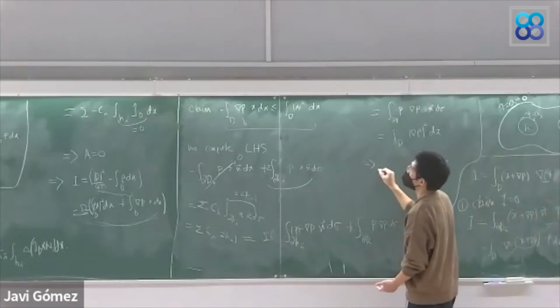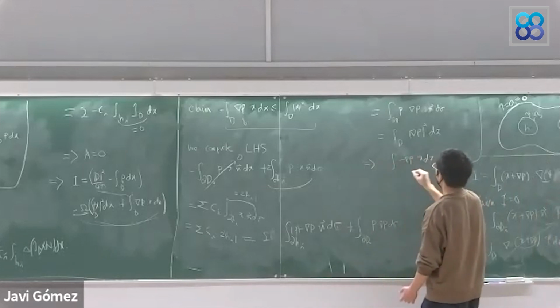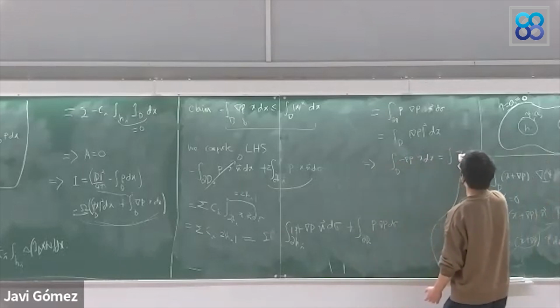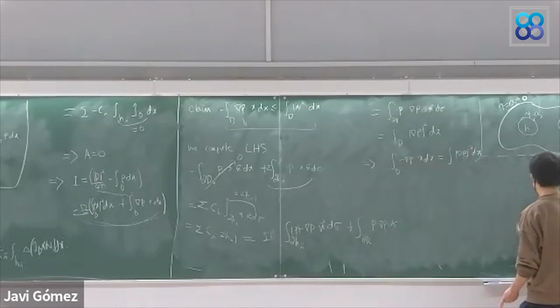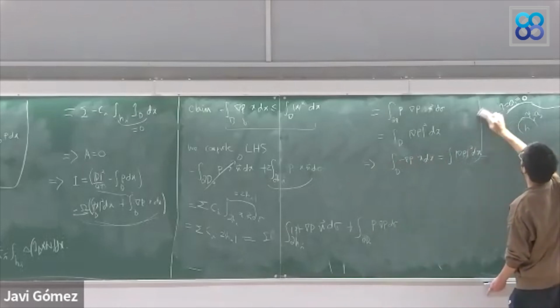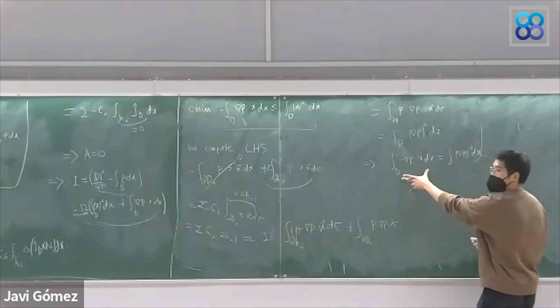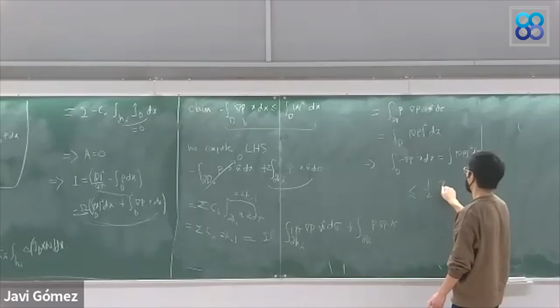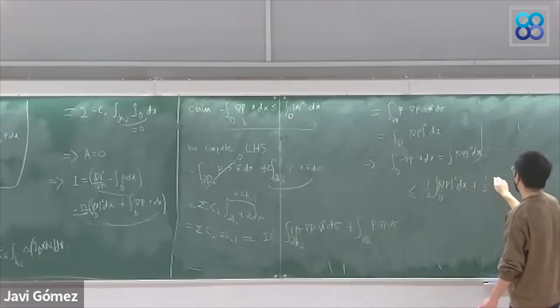Then what does it mean? We have the negative grad P times x is always equal to this one. But we can do the Young's inequality, that is going to be 1/2 times the L2 norm of P plus 1/2 x squared dx.